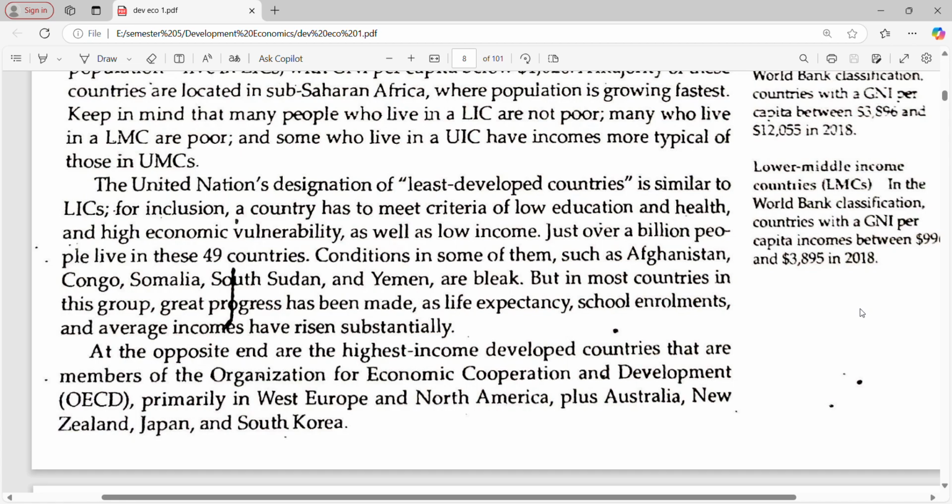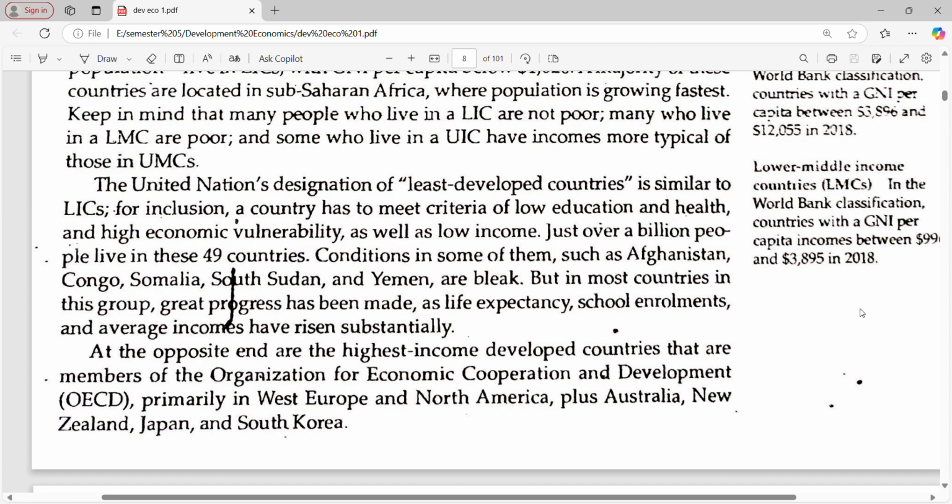So, then low income countries, GNI per capita below 1,000, comprise 10% of the global population, predominantly in sub-Saharan Africa. Despite progress, these nations face challenges including rapid population growth and poverty. Okay. So 60% are middle income countries.